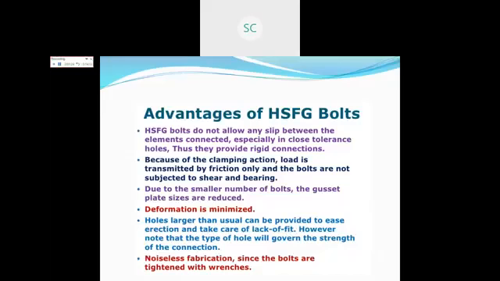So we are providing a gusset plate to join all the members at a particular joint. So this is called the gusset plate, to provide the facility to join different members at a particular point.